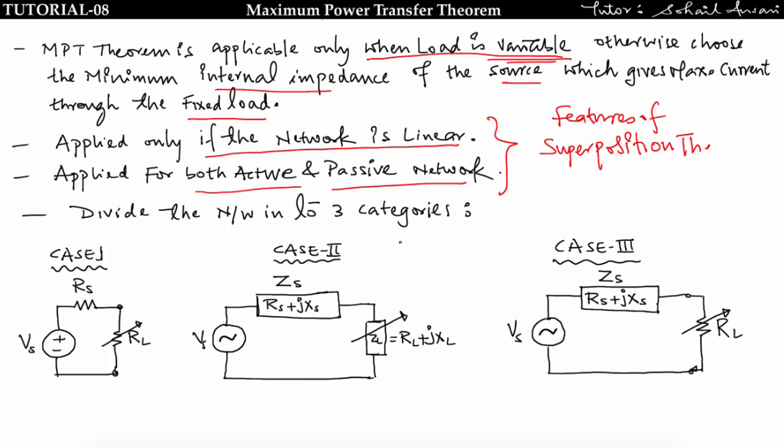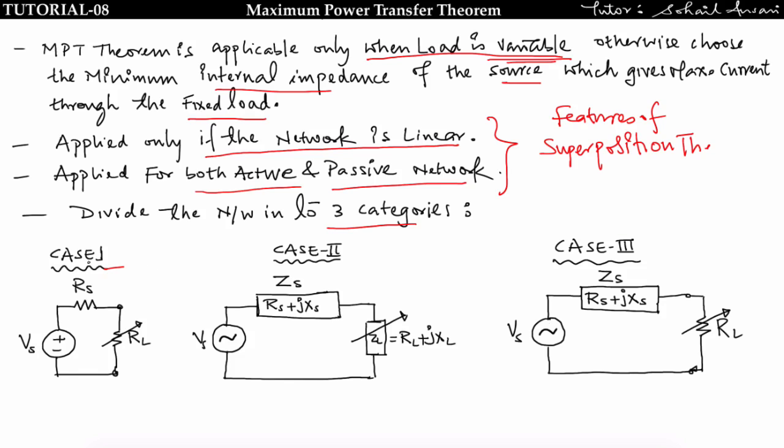In order to find the maximum power, we divide the network into three categories. In case 1, we have taken one voltage source. Any complex linear network can be represented in terms of one voltage source in series with a resistance. Got it? That is the Thevenin theorem. If I get any complex network and I have to find the maximum power across the load, then I will reduce that circuit to one voltage source in series with one resistance.